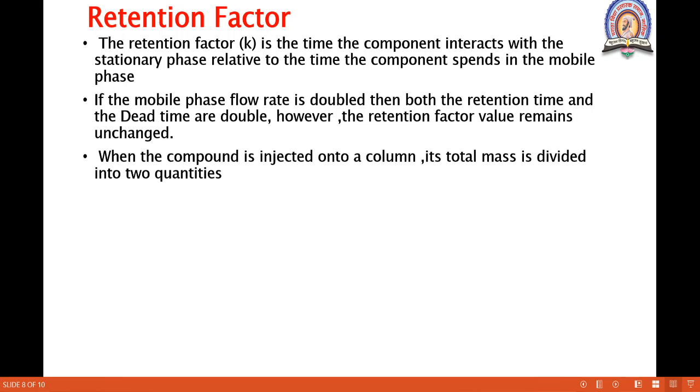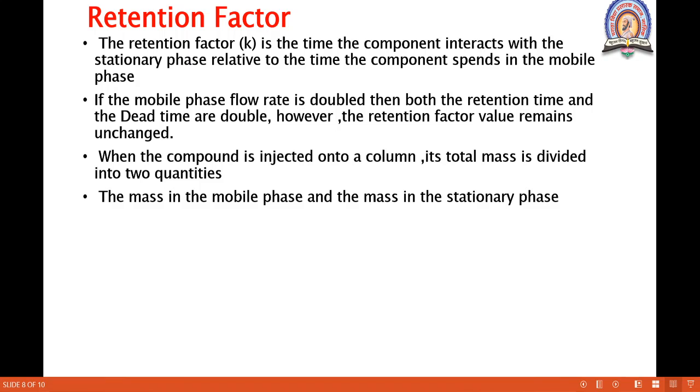When the component is injected into a column, its total mass is divided into two quantities: the mass in the mobile phase and the mass in the stationary phase.